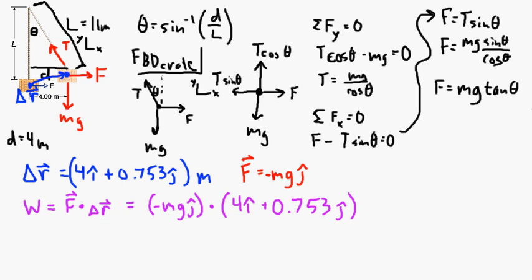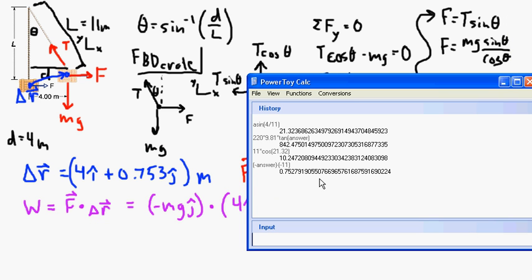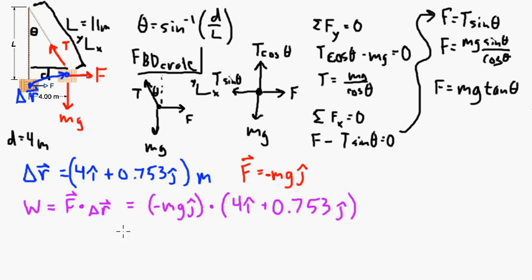I've sort of mixed symbolic and numerical here, but let's see. The mass is 220, so 220 times 9.81 is going to be 2158. So our force is negative 2158 j hat newtons, and this is 4 i hat plus 0.753 j hat.